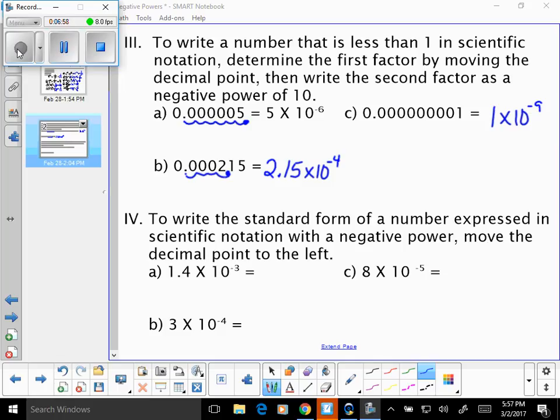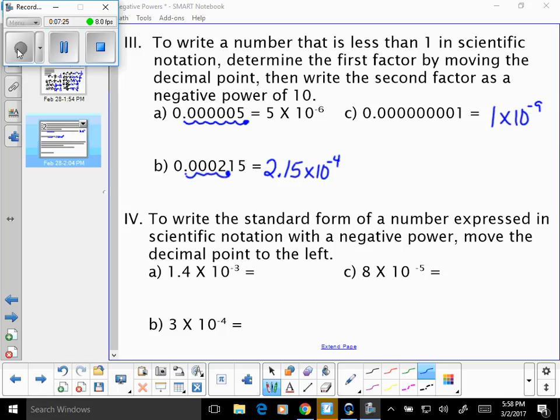Our fourth concept for today is the fact that if we start with scientific notation written with a negative power, we need to be able to write the standard form. Well, to write the standard form of a number in scientific notation with a negative power, this time we're going to move the decimal point to the left. Remember that negative is always to the left of 0.